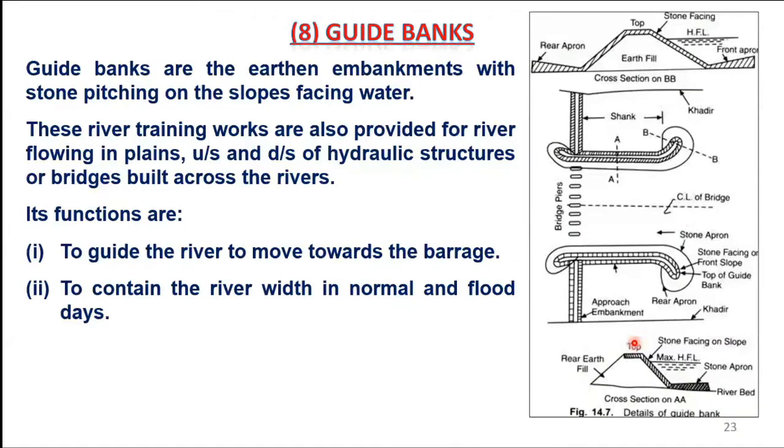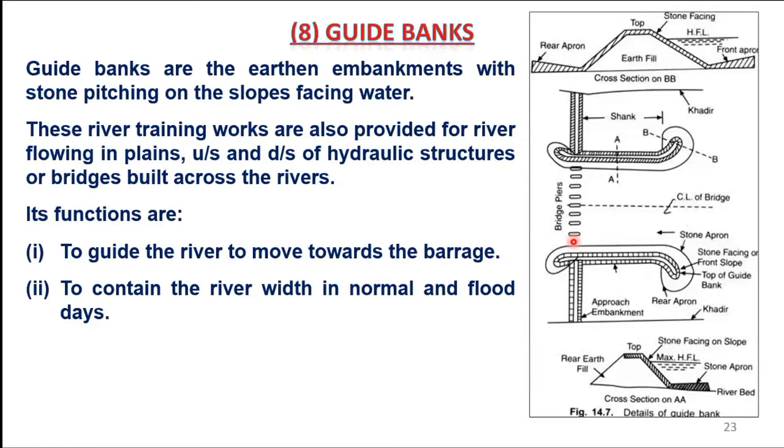Now the next component of the barrage is the guide banks. Here you can see the layout plan of a barrage. This is the upstream side, and the flow of water is in this direction. Here are the bridge piers, and inside them there would be weirs.